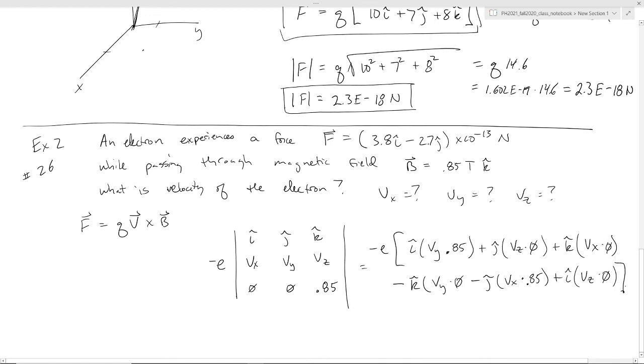Thankfully, a lot of these components are 0, but I put them in just so you could see the process again. Oops, and this would be a minus sign.